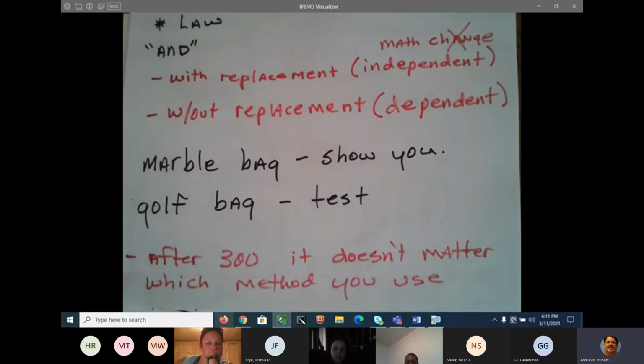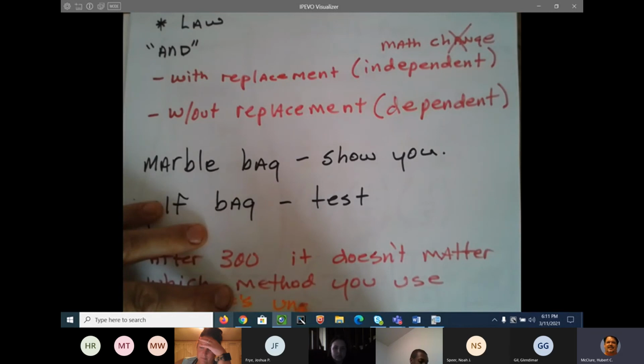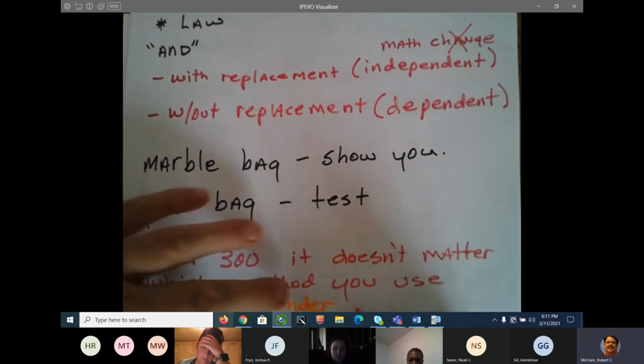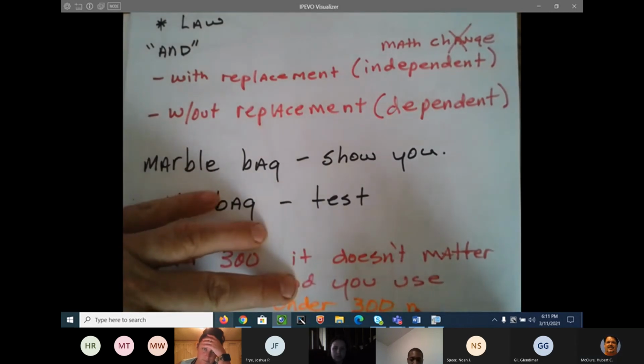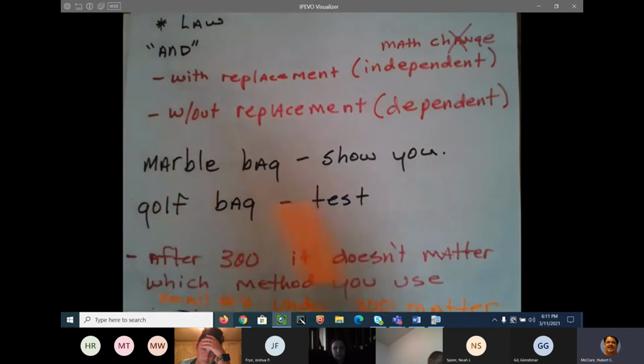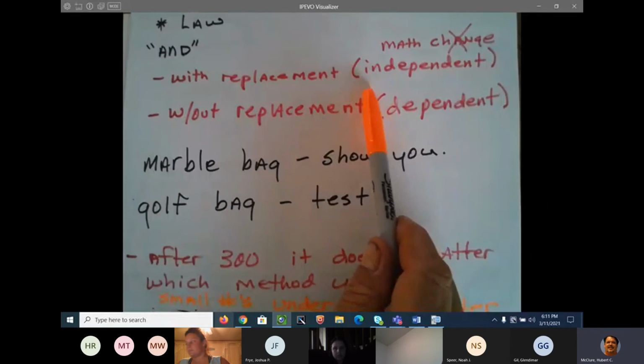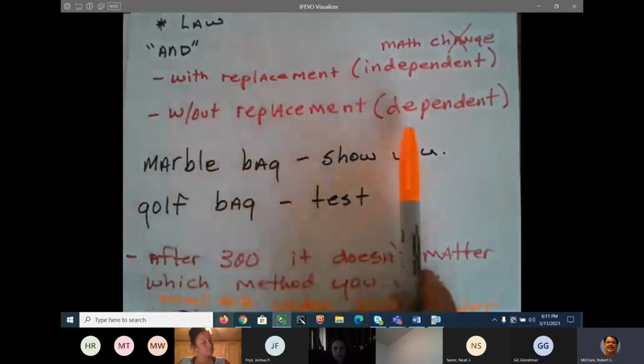So what I'm going to do under that, I'm going to do small numbers under 300 matter. And we're going to do something here in a minute that will show you what I'm talking about. So all this you had wrote down from Tuesday, but anyway, with replacement, that's one method. Without replacement is the other method.